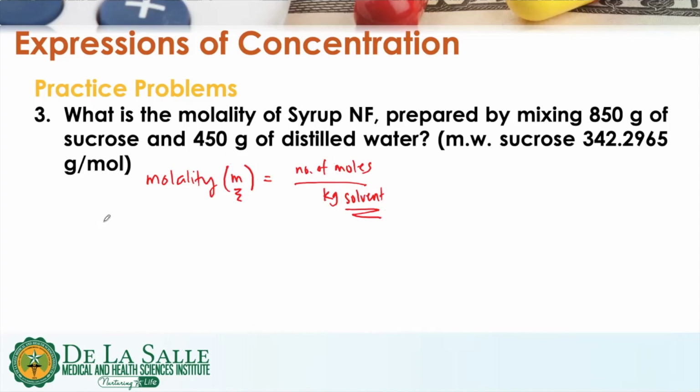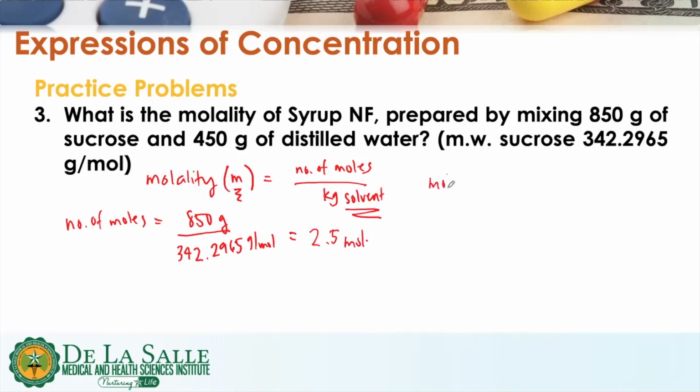So first, we can determine the number of moles of the solute, which is sucrose. And because there are 850 grams of sucrose in the solution, we divide this by its molecular weight, 342.2965 grams per mole, and this will be equal to approximately 2.5 moles.